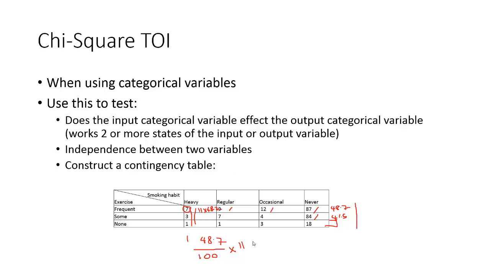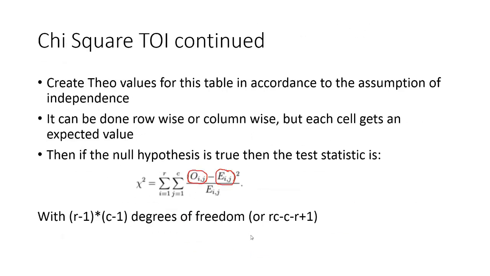So what I'm essentially doing is taking that 7 which I see, minus that expected value, which is the 5 point something that I see, and I'm squaring that, and I'm doing that for each cell, right? So I'm doing that for each row and each column, and thereby for each cell, and I'm dividing it by that expected value. So this 5 will also come in the denominator.